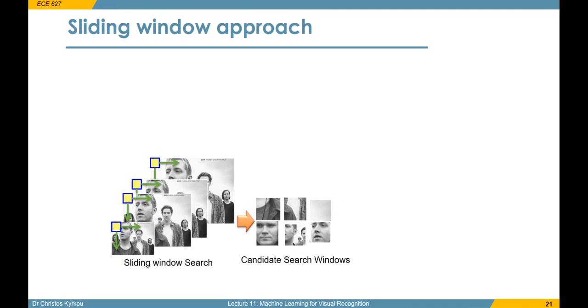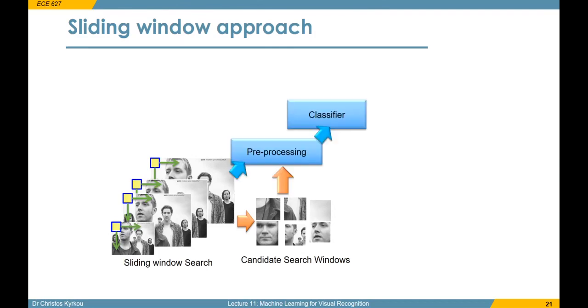What we get are candidate search windows, and this can generate thousands of small windows from the image. For each window, we do the pre-processing or feature extraction as during the training phase, and we feed it to a classifier. The classifier will say for each of these blocks whether they contain the object we're looking for or not.